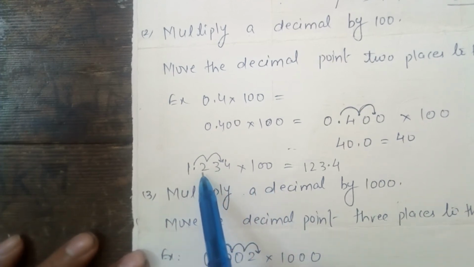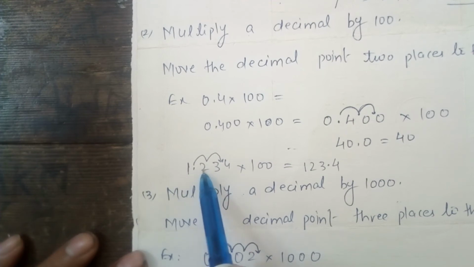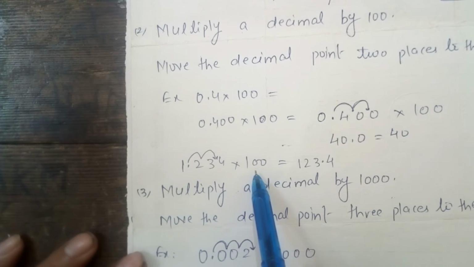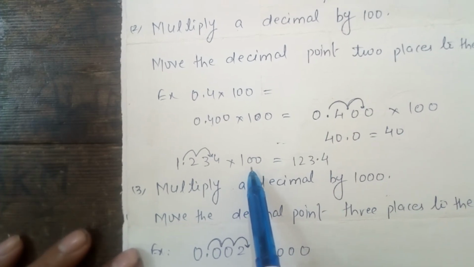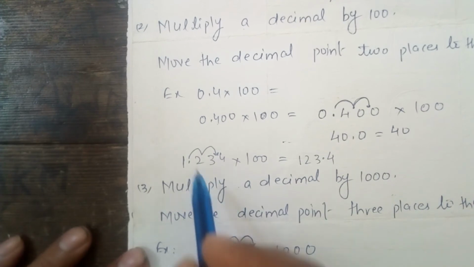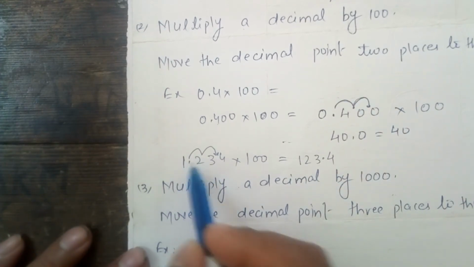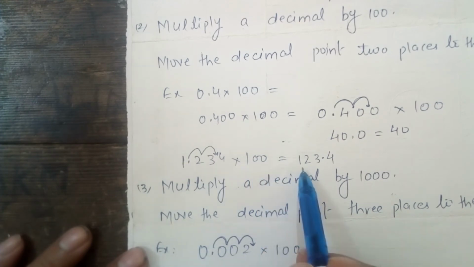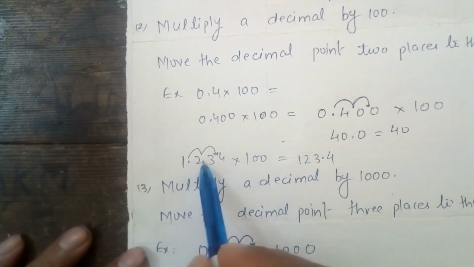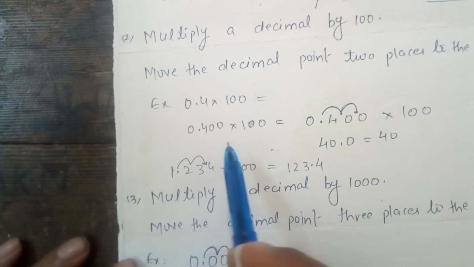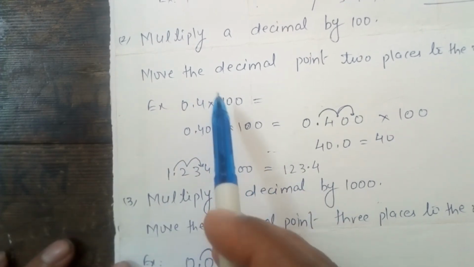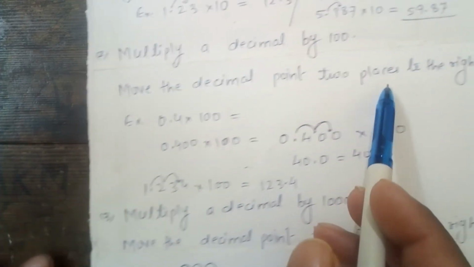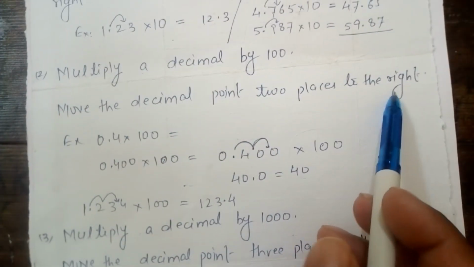As you can see, the decimal point is before 2, and after multiplication the position of the decimal point will change, that is, after 2 digits. That's why the statement is: move the decimal point 2 places to the right.